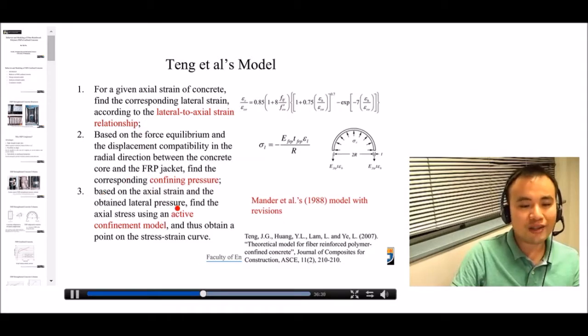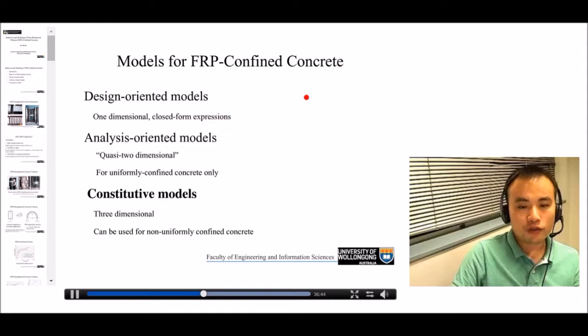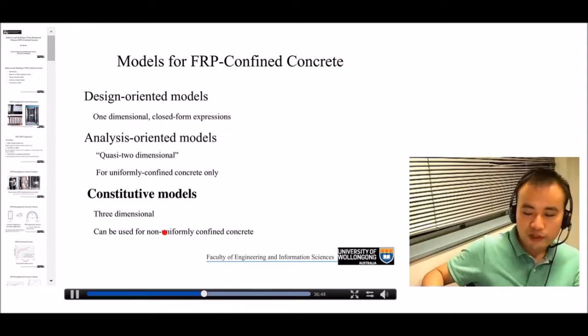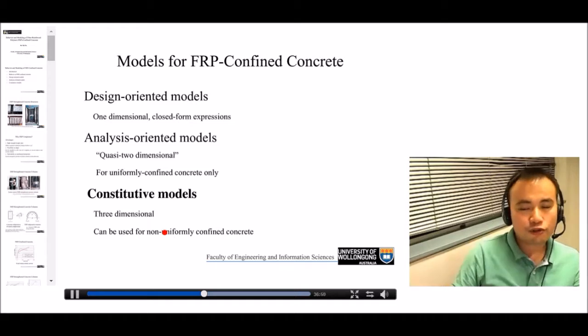And for the third step, we said we need a model for actively confined concrete. So in this model, they choose the very well-known model developed by Mander's group in 1988. So with these three key components, this model can predict very well the axial stress-strain curve of FRP-confined concrete and the lateral expansion curve.